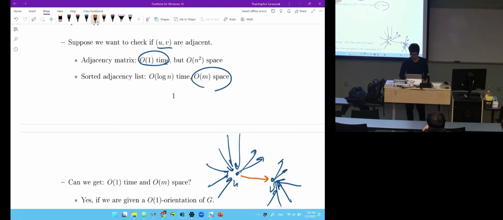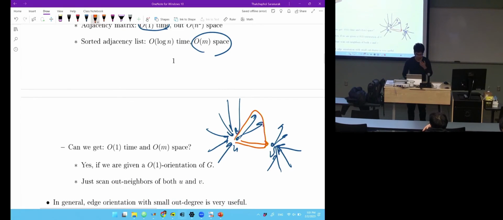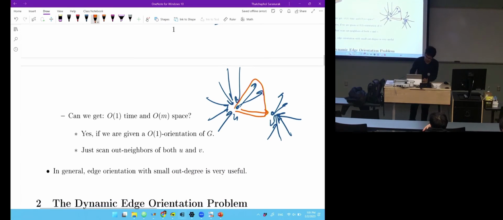So all you need to do is look at all the out neighbors of u and all the out neighbors of v, and check if they are adjacent or not. Each of them takes constant time. So just scan the out neighbors of both u and v, and you're done.